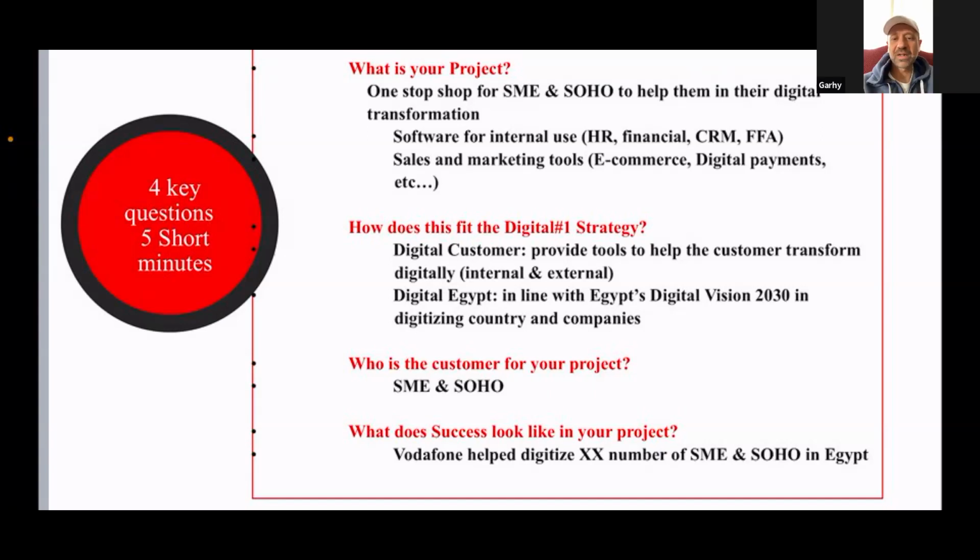So let me give you a live example from an e-commerce startup who became either SOHO or SME according to their size, and now they need to digitize their workflow and operation.